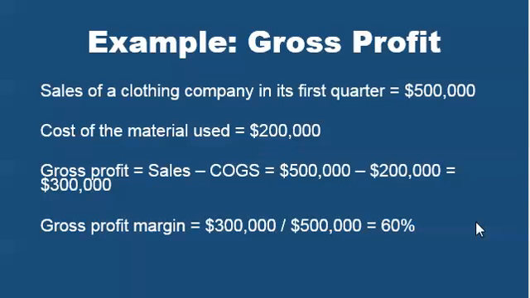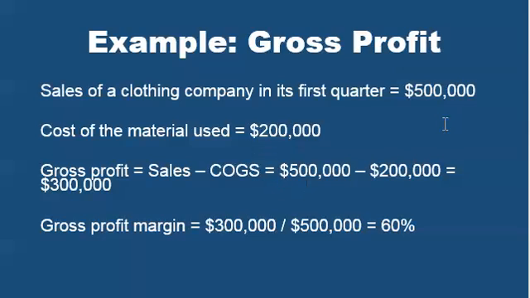So let's look at an example of gross profit. Sales of a clothing company in its first quarter are $500,000. Let's say the material used for this sales is $200,000. Our gross profit is sales minus COGS, that is cost of goods sold.